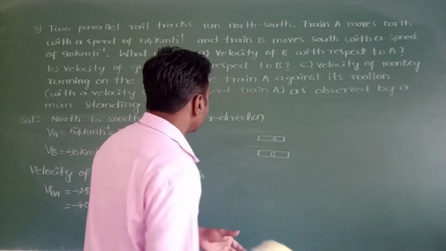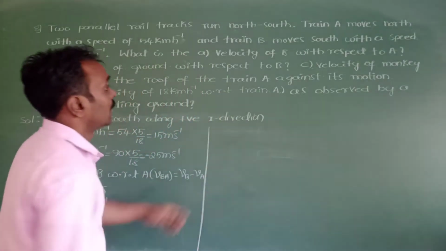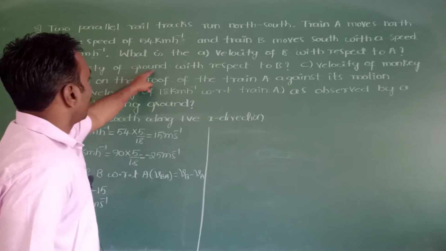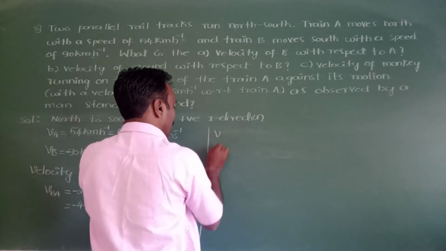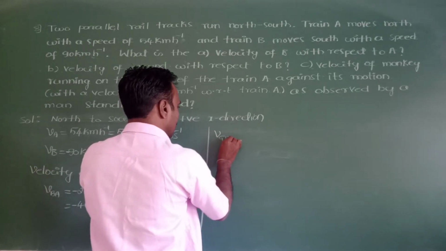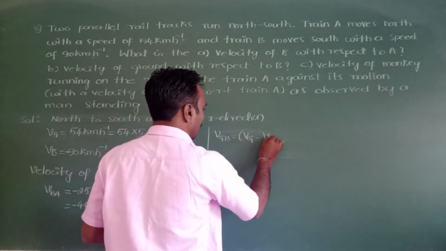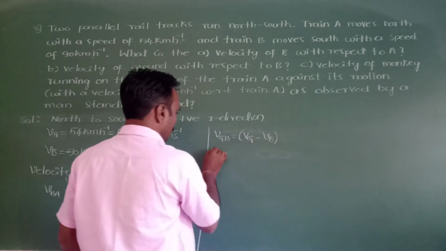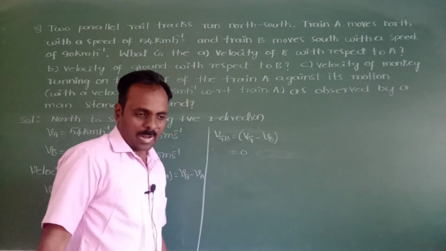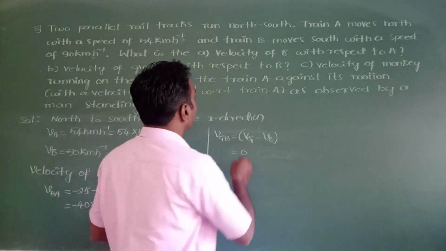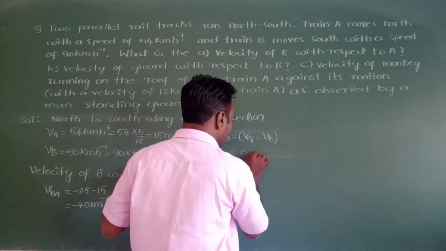And next one, question B. The velocity of ground with respect to B. So that is velocity of ground and then velocity of B. So velocity of ground is equal to 0 and the velocity of B is equal to minus 25 meter per second.